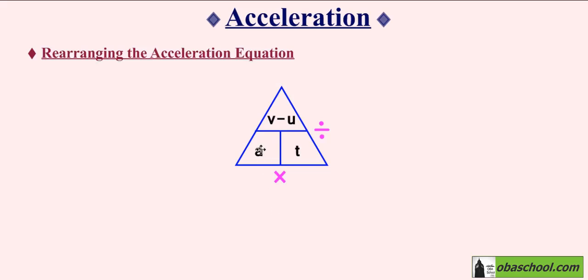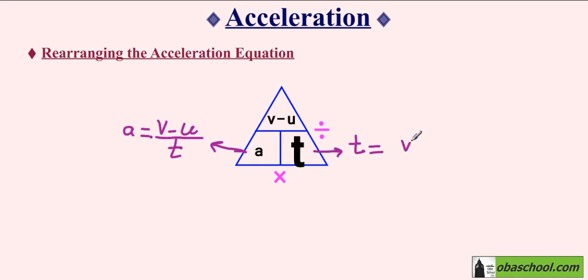As we know for now, we get the acceleration by the equation a is equal to v minus u divided by t. If we want to determine the time, we have the acceleration and the change of velocity. Then it's given as t is equal to v minus u, and there is a horizontal line between v minus u and a, so it's divided by a. So t is equal to v minus u divided by a.